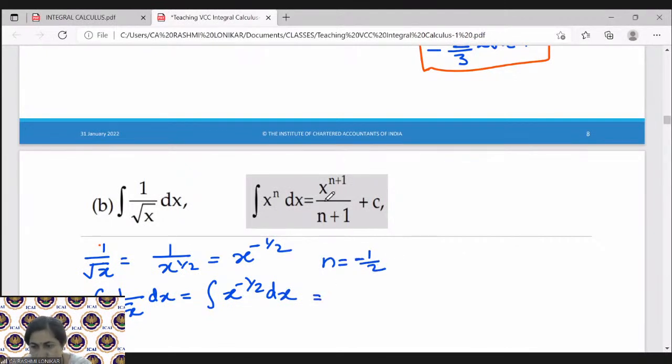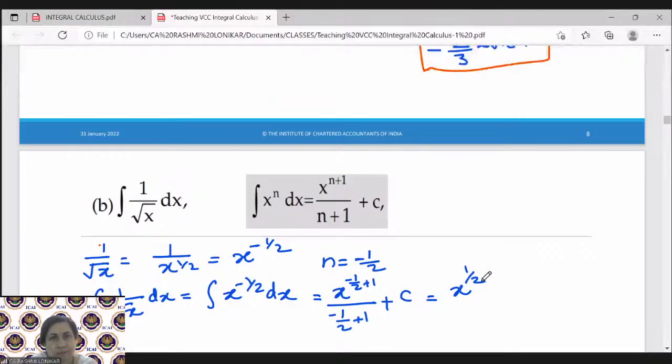So this is equal to, what is the integration? x raised to n plus 1, so x raised to minus half plus 1 upon minus half plus 1, plus c. x raised to minus half plus 1 is x raised to half. What is minus half plus 1? Plus half. You have got one chapati, and if you eat half of it, what will remain? You will have plus half chapati. Okay, so it's just as simple as that. So this is equal to x raised to half upon half plus c.